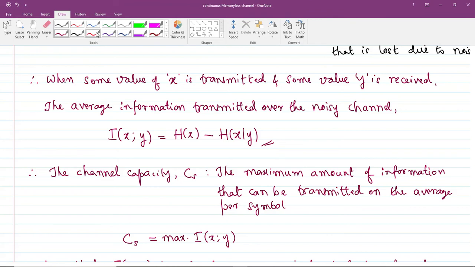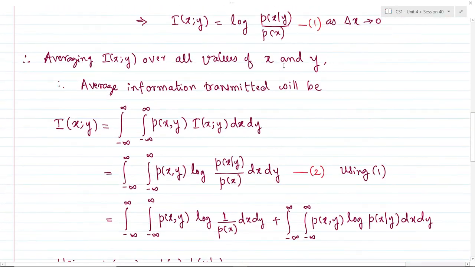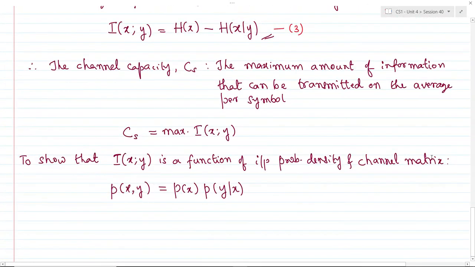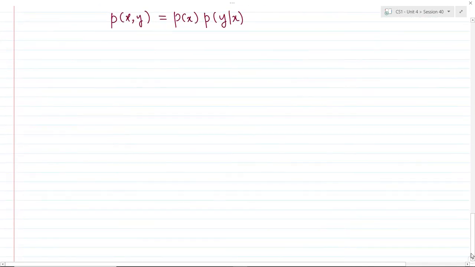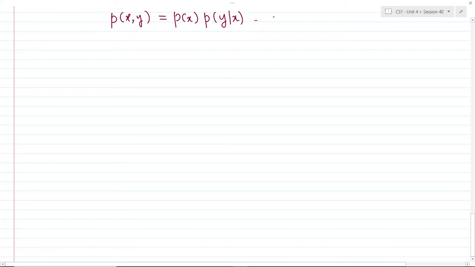Let me call probably this as equation 3, and we have called one equation as equation 2. All right, so using these equations, okay, and we'll keep this as some equation number 4.